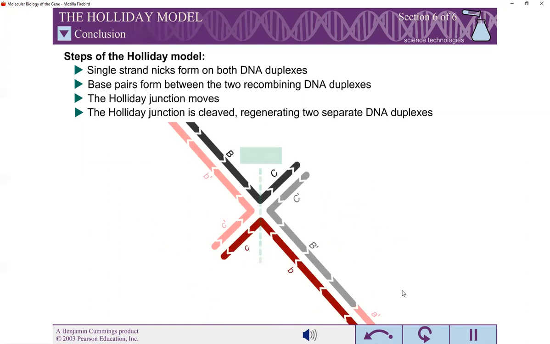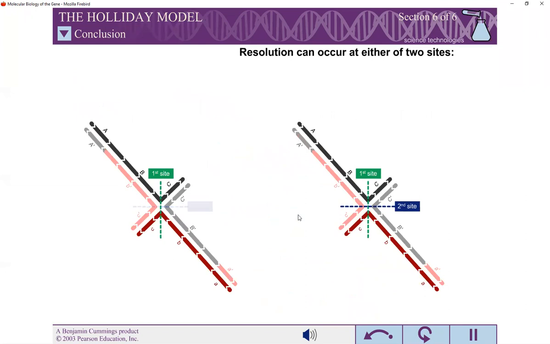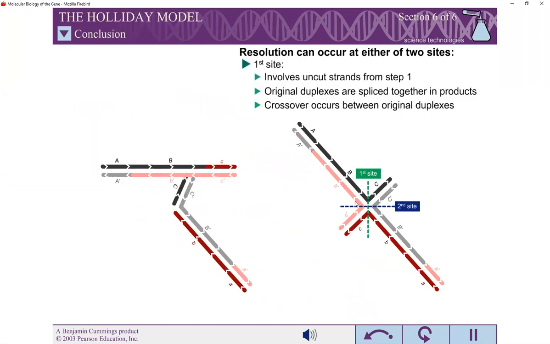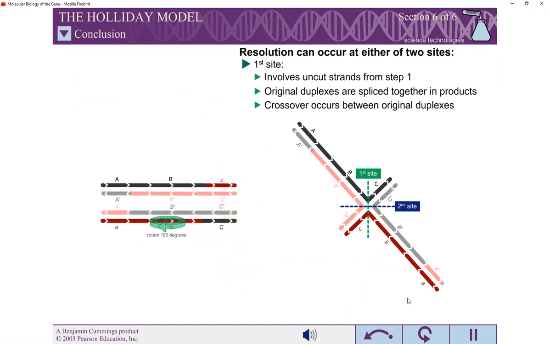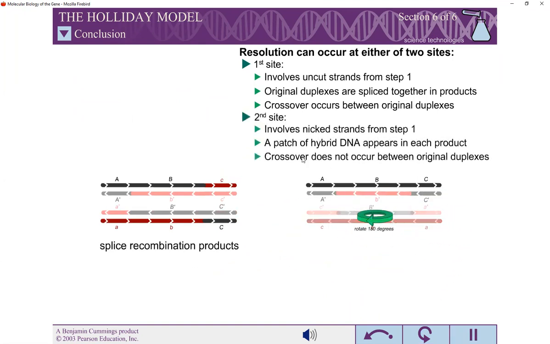This process is called resolution. Resolution can occur at either of two sites, giving the patch and the splice recombination product. This is how the recombination takes place and the resolution occurs. Please take a snapshot of this particular slide, the most important one.